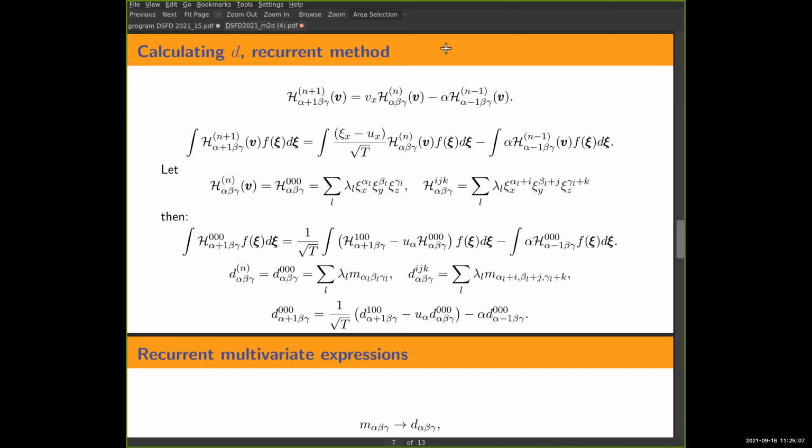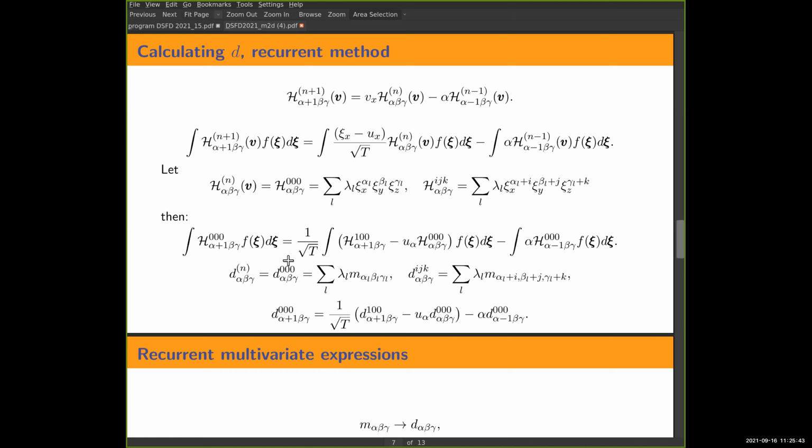We base it on a recurrent expression for Hermite polynomials. The first line here illustrates how one index can be incremented by one and expressed through the Hermite polynomials of lower order. We take this expression and integrate it with particle distribution functions to obtain moments with a shifted variable. Then we introduced a new notation.